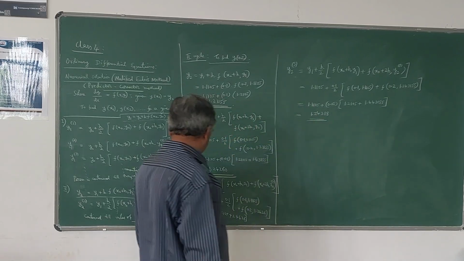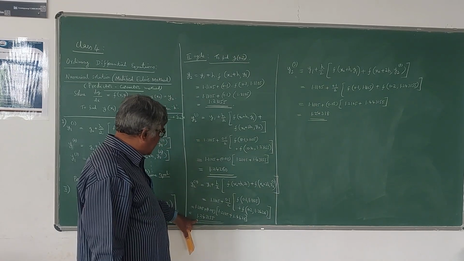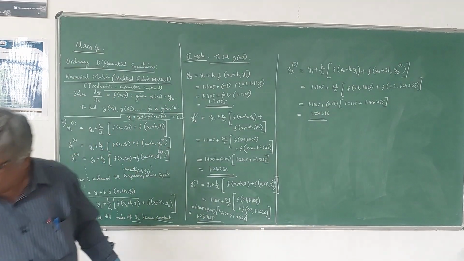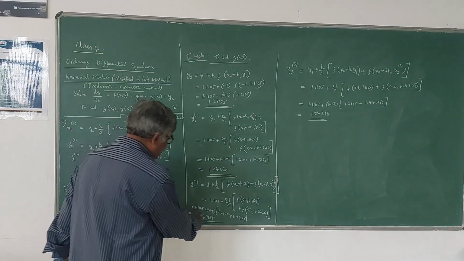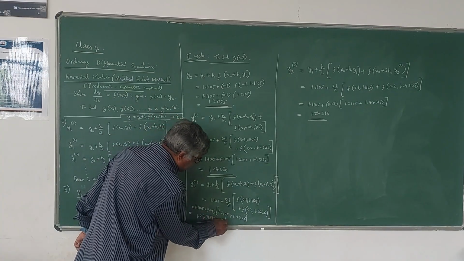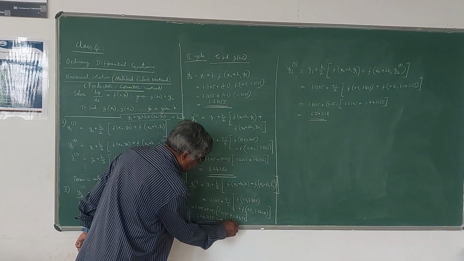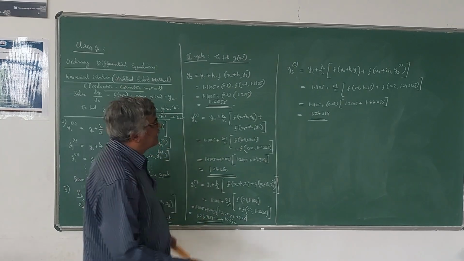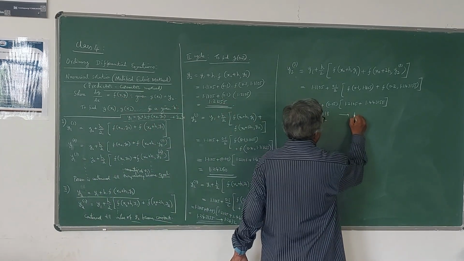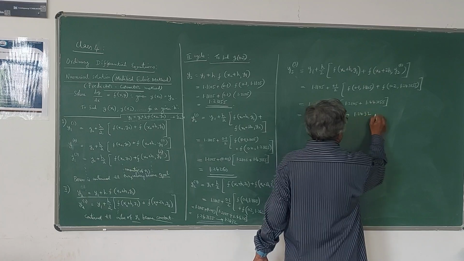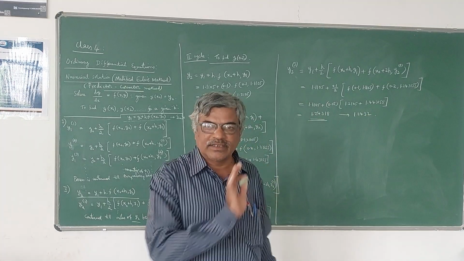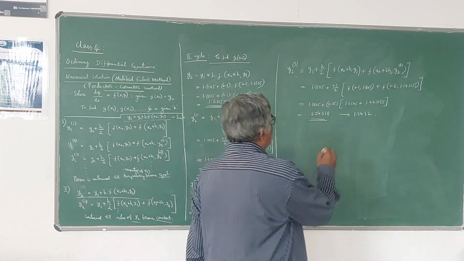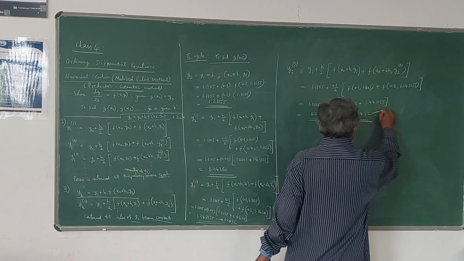Okay, you can stop here, because if you round this up, it is 1.2432. This is also 1.2432. Okay, to 4 digits. So this is the final value, and this and this are equal.